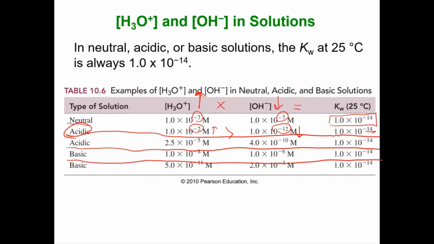If I was to add base, and I would increase the concentration of hydroxide, so if this goes up from 1 times 10 to the minus 7, this goes down. So, but if I look at the exponents, -8, -6 gives me 1 times 10 to the minus 14. And because the concentration of the hydroxide is greater, this would be a base.